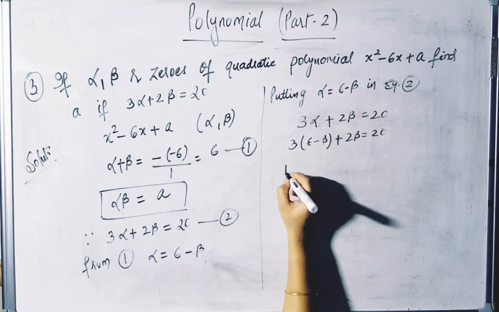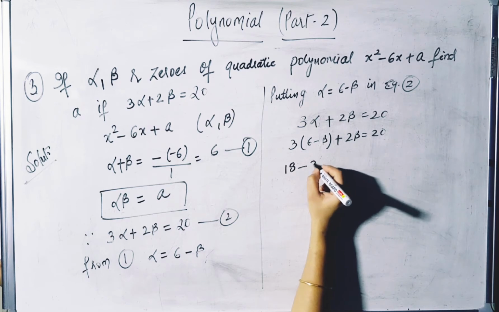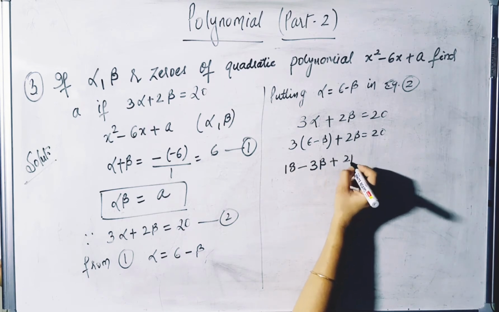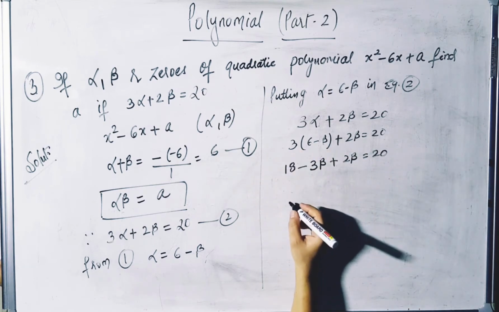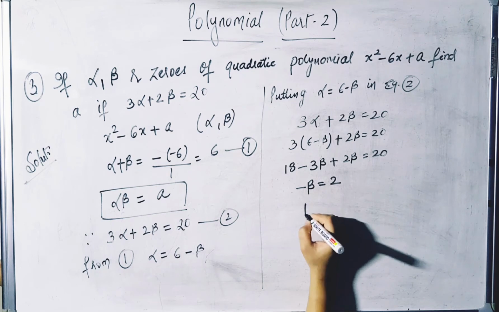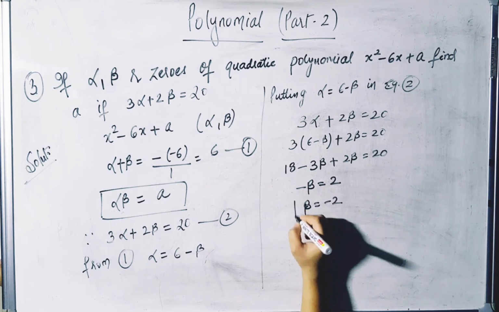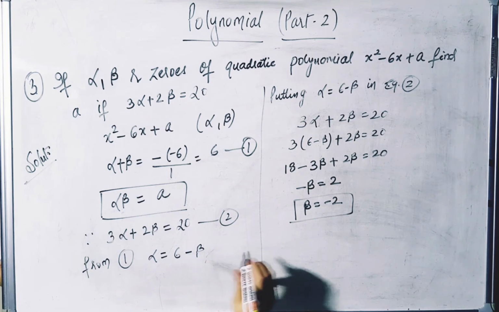We'll solve over here. 3 into 6, 18. 3 into beta, that is 3 beta, plus 2 beta equals 0. So this 18 will get shifted to that side. Thus we'll get minus beta equals minus 18... so the value of beta will be minus 2.